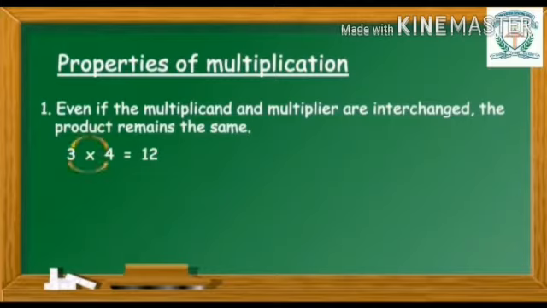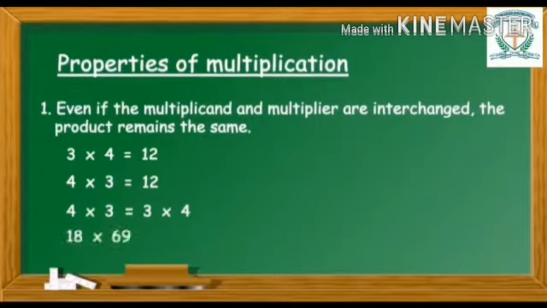If we interchange the multiplicand and multiplier, that is 3 and 4, and write 4 into 3, that will also be equal to 12. Hence, we can say 4 into 3 is equal to 3 into 4. Taking another set of numbers, that is 18 into 69 will be equal to 69 into 18.